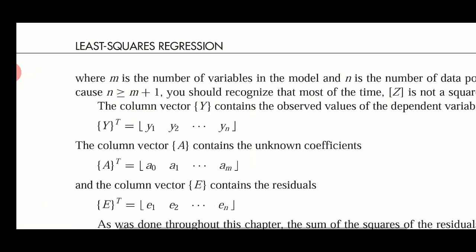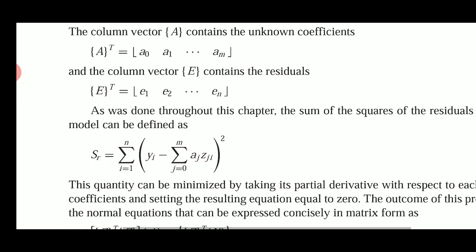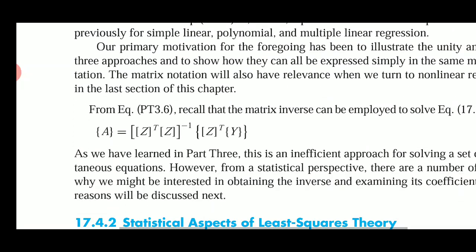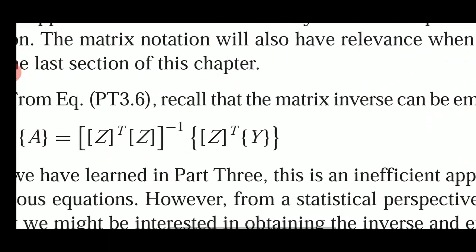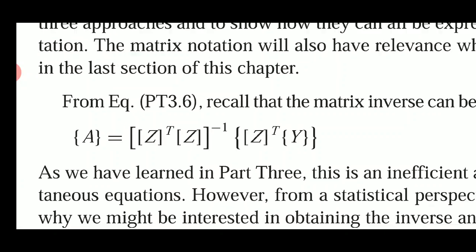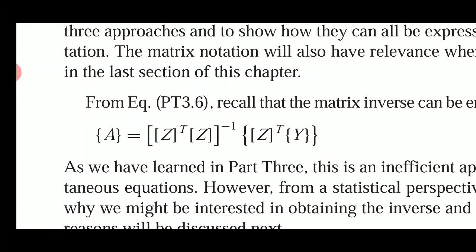In this format you can represent the things, and ultimately you can use your matrix multiplication and get the answer for a, right. So a can be calculated like this: it will be z transpose z entire inverse multiplied by z transpose y. So this a will give you the coefficients of the linear regression, right.